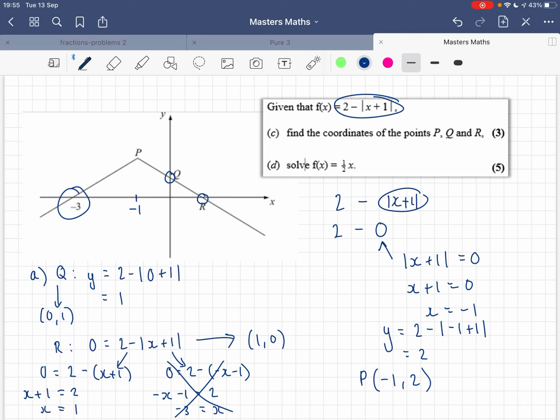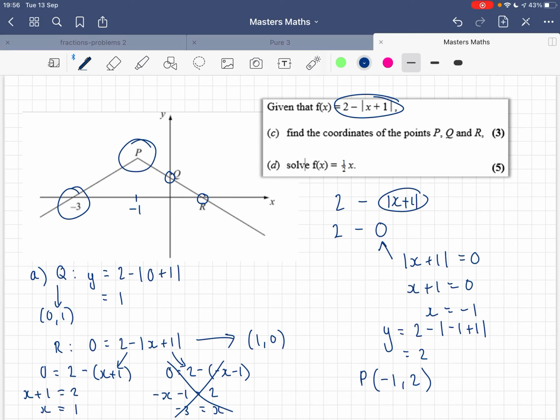We are making the modulus part equal to 0 so that we can maximize the y value at its maximum. Y is 2, and that occurs when x is equal to negative 1. So the maximum point of our graph is negative 1, 2. Again, I feel like I've really talked around something that's quite simple, so I do apologize if I've confused you.